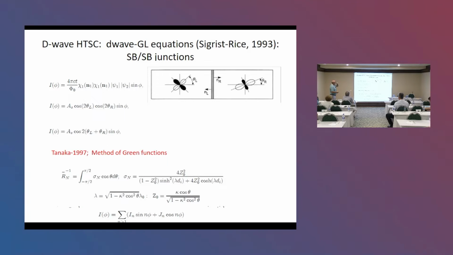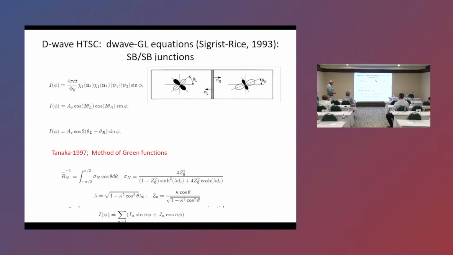And here I also present the equation related with calculation of critical current in the case of d-wave superconductors, and here the result of Sigrist and Rice.